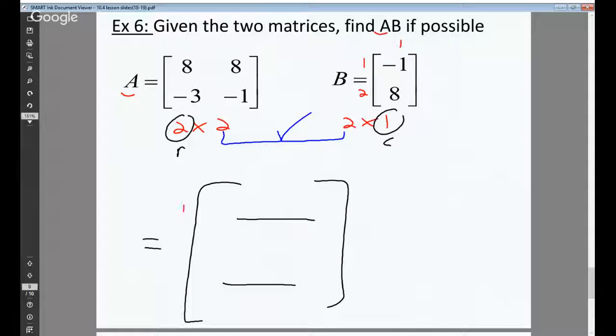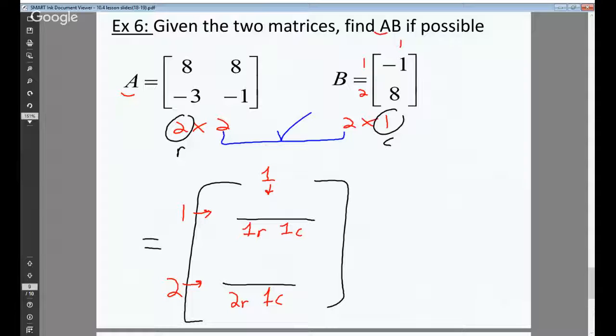So just to make sure, I have 2 rows, 1 column. And then from there, to find the elements, do exactly what we've been doing before. First row, first column. And then here will be second row, and first column.